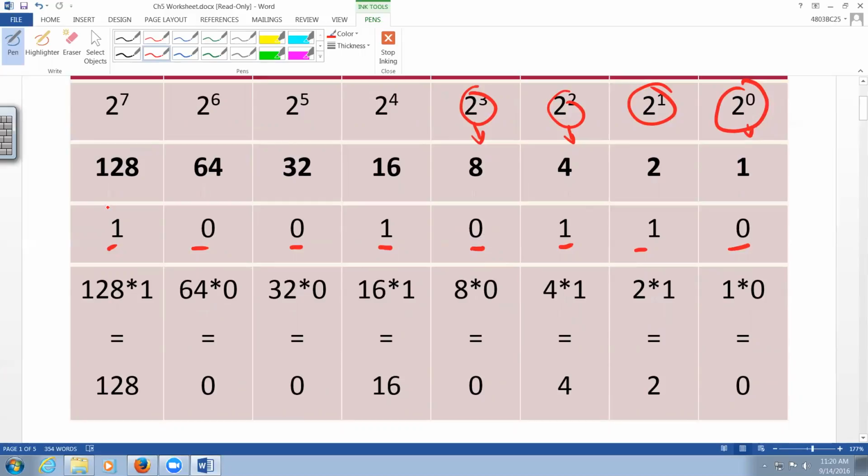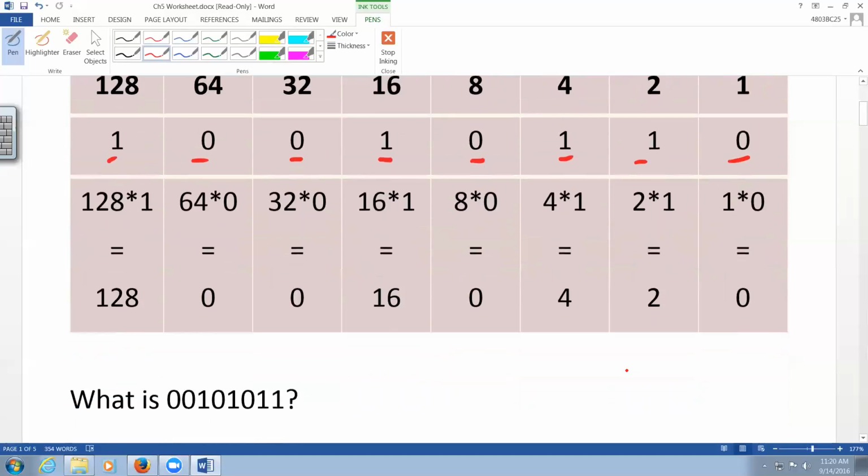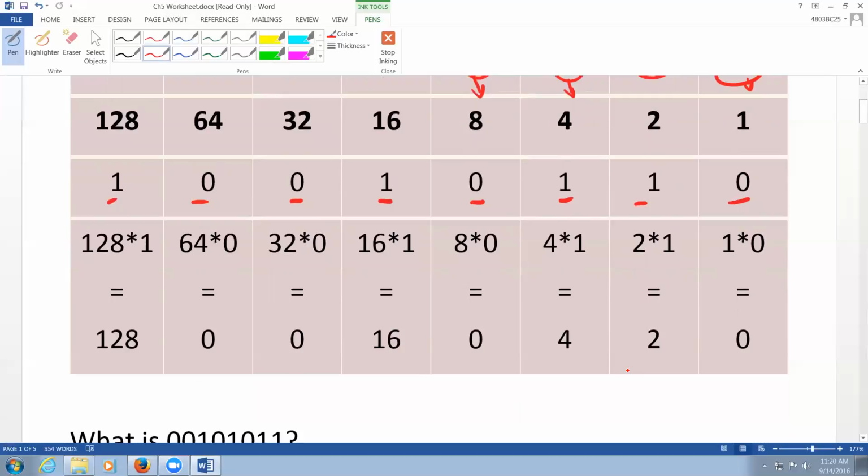In this case, we take 128 times 1, 64 times 0, 32 times 0, 16 times 1 is 16. Here's some zeros, here's some ones. So then we add up 128, 16, 4, and 2, and we get 150. So this comes out to 150.